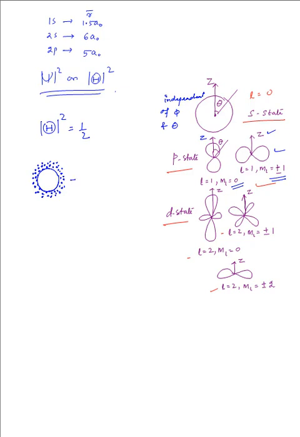Now this is in the 1s state. In the 2s state, however, we have the case where we have one probability over here, and the rest of the probability is at a small distance away from it. We have a rim of sorts, or we can say a shell in this case.